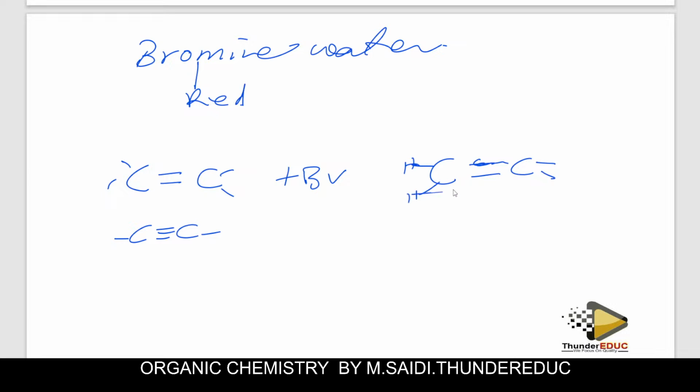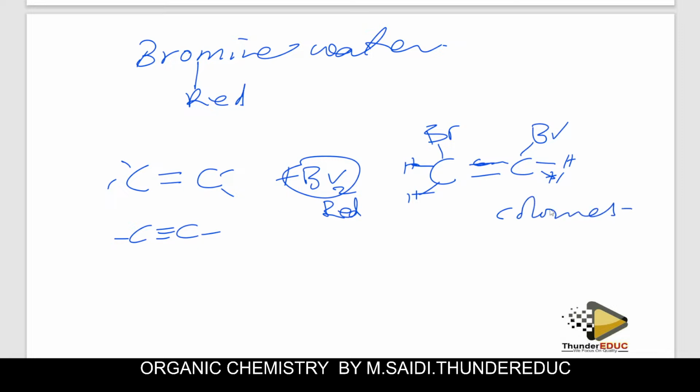These are hydrogens, don't forget. And then at the bond which broke, you're going to have a bromine here, and another bromine there. That's all. So it means that the bromine which was red is going to become colorless. Why? Because this molecule which is formed is colorless.